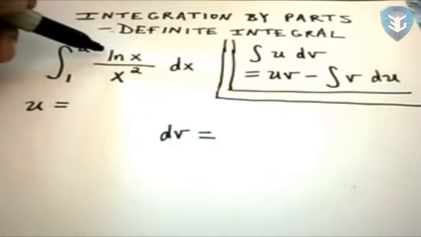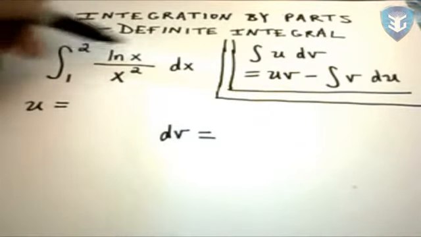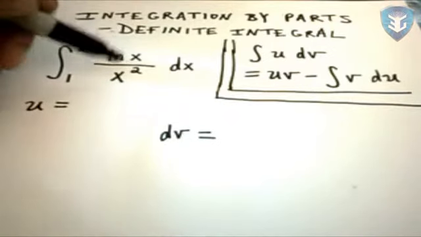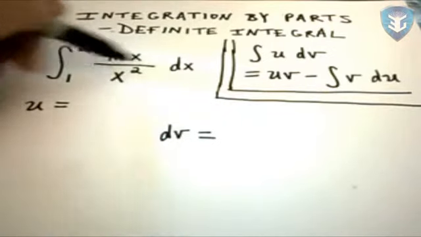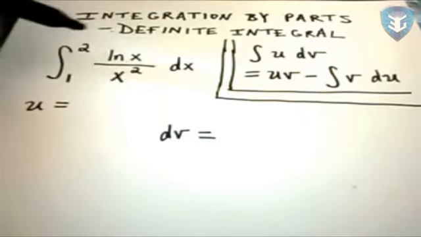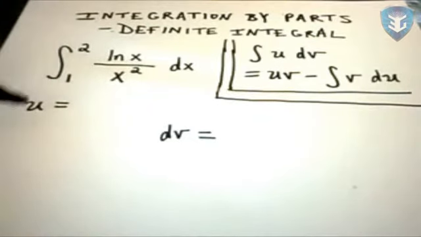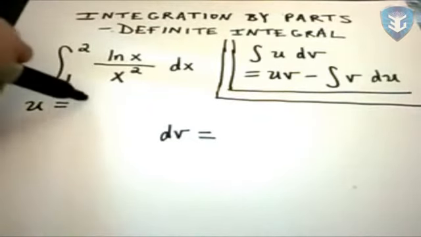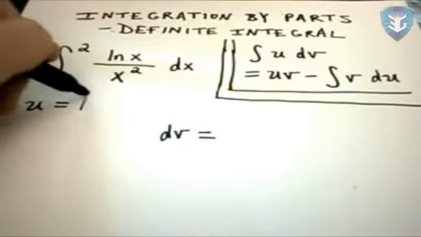The ln of x, when you take the derivative of that, will become 1 over x, and I kind of like that. There's something about ln's I don't like, and if I make it into 1 over x, you also have these other powers of x floating around. Maybe something will cancel out. So I'm going to pick u to be ln of x.